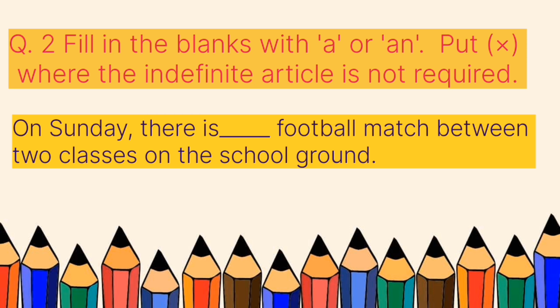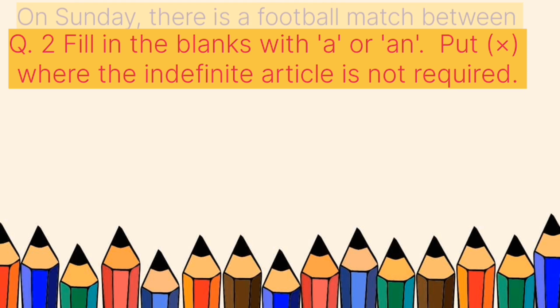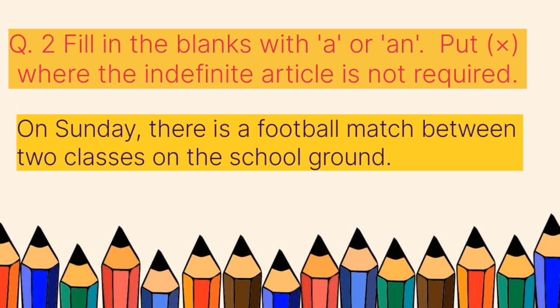The answer is: on Sunday there is a football match between two classes on the school ground. The article a is used as a comes before words starting with a consonant sound. Here, football match begins with the consonant sound F.